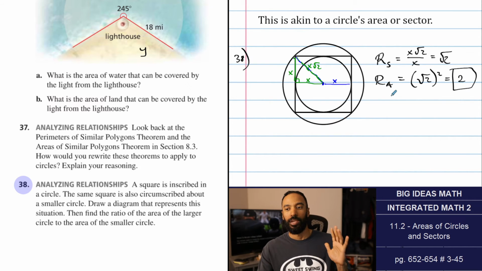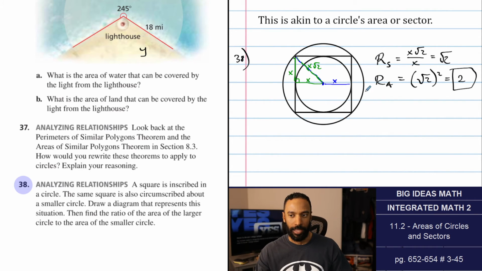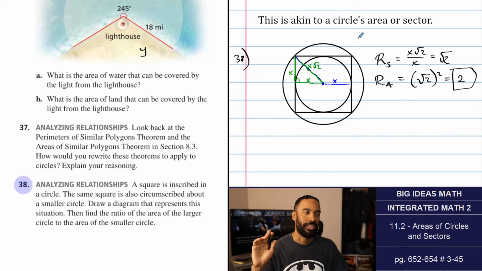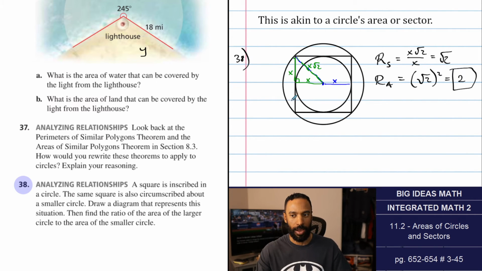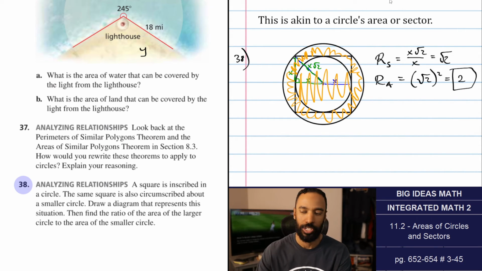There it is. I know you might not be able to see it, and you say, this doesn't look like it, I don't believe it. It's true. It's the way that it bends around, how much more there is. This circle's area and everything inside is twice as large as this circle's area.